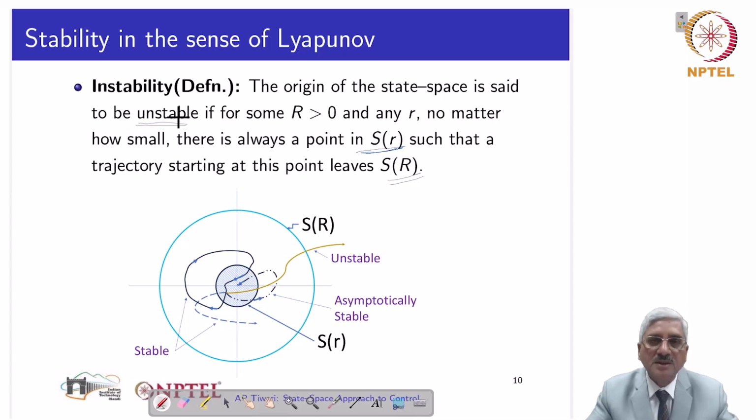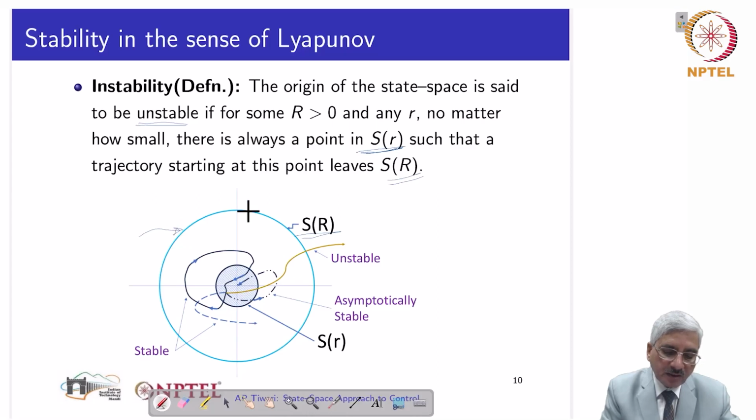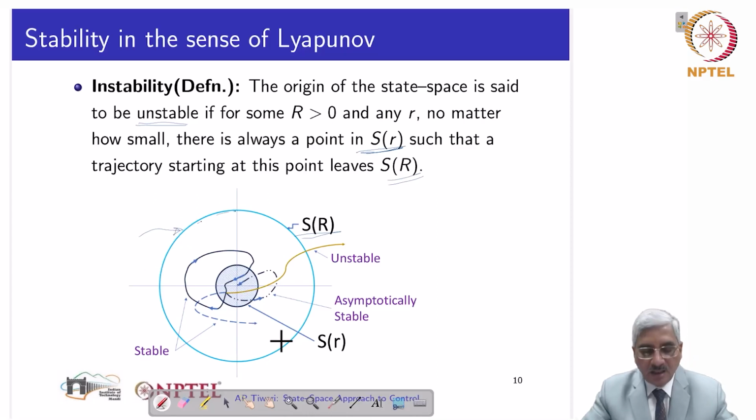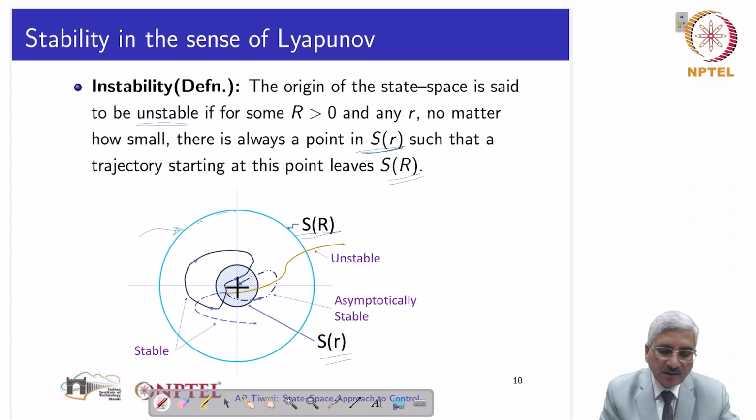All these three definitions are depicted in this diagram. We have this larger sphere as S(R), and S(r) we have depicted by the smaller sphere, this one.